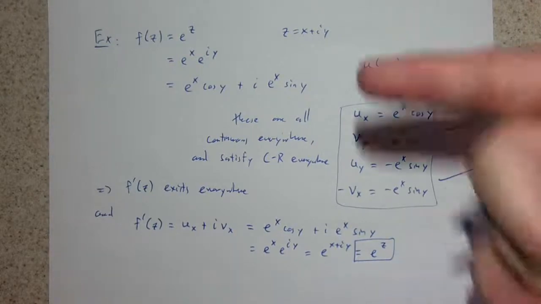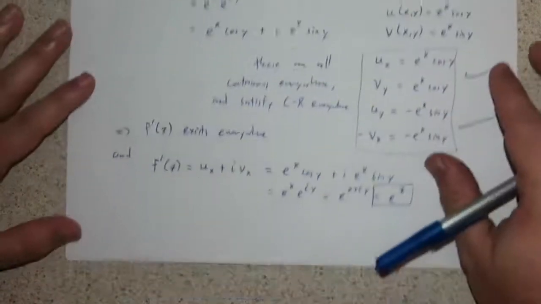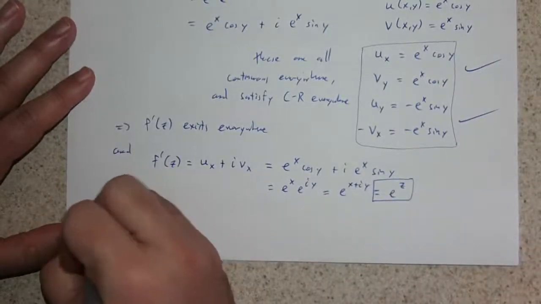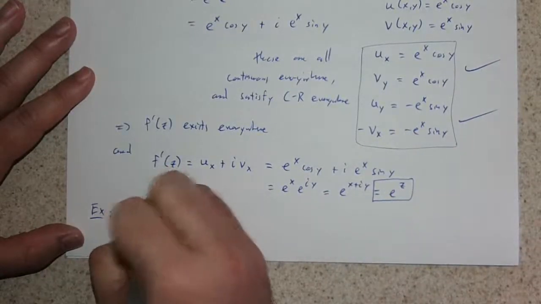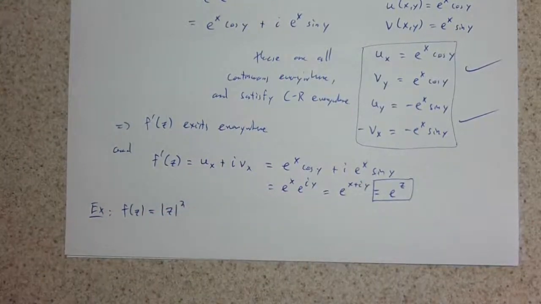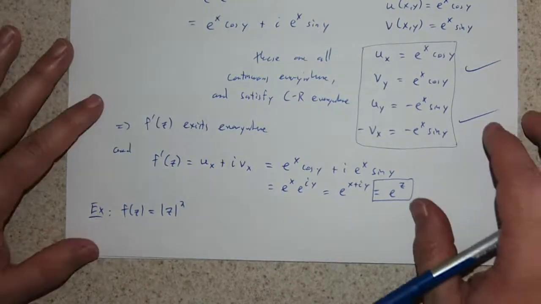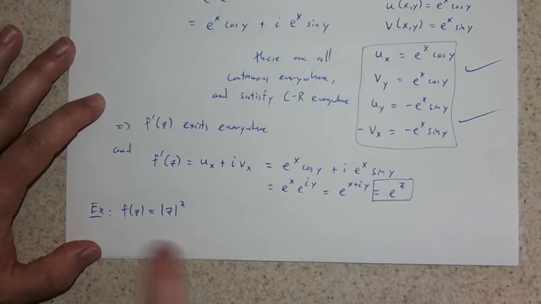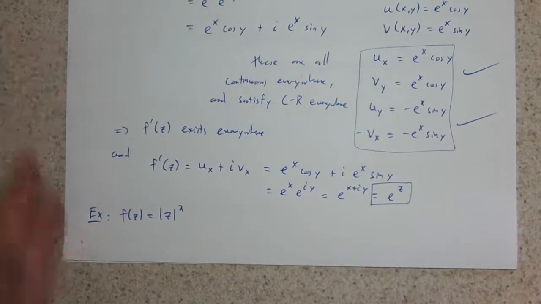Okay, now as I said previously, when we looked at this example, f of z, which is modulus of z squared, we saw by looking at the Cauchy-Riemann equations that the only place this could possibly have a derivative is at 0. But this is going to give us the exact differentiability criterion and say that it actually has that derivative at 0.